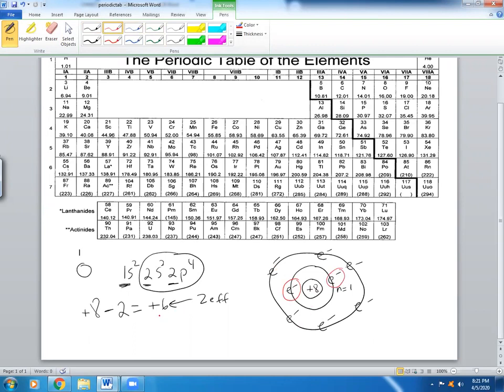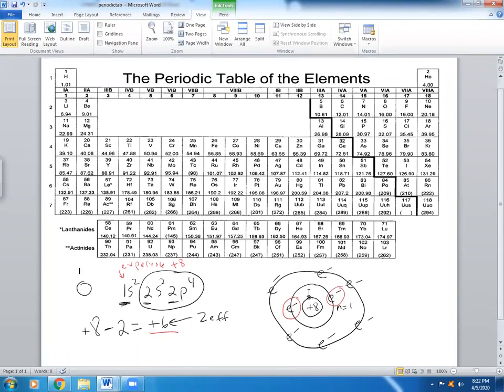So they experience plus 6, while the ones on the inside experience the full positive 8. How do we get the effective nuclear charge? If I ask you for the effective nuclear charge of any of those, you should be able to subtract from the previous ones. So let's actually look at this.